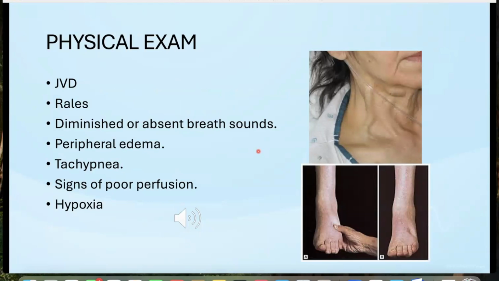We may see that with an acute CHF exacerbation that has a component of pulmonary edema, but it's a different phenomenon than these acute events. They probably are going to be tachypneic. They're going to have signs of poor perfusion. They may be confused. They may have mottling. They may even be cyanotic. And they may be hypoxic because they're not able to adequately oxygenate because of the fluid in their lungs.